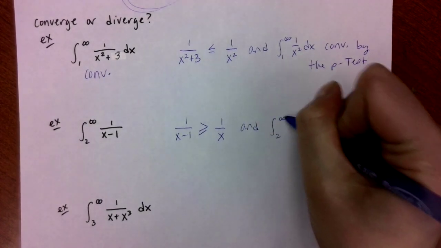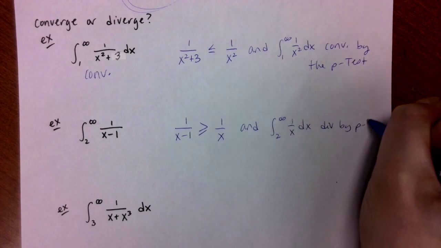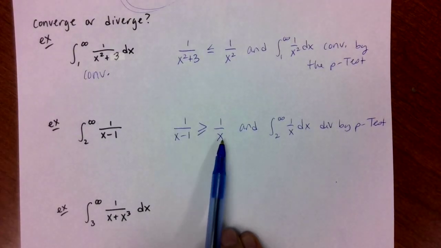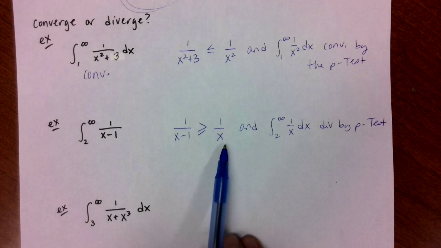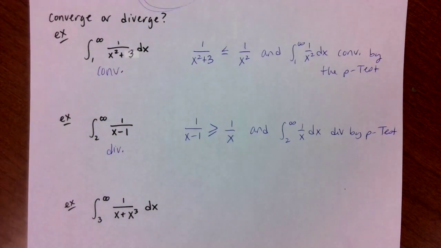And I know the integral from 2 to infinity of 1 over x dx is divergent by the p-test. So my function is term for term above one that's divergent. So the area under this curve is greater than or equal to infinity, so it's definitely also infinity. So we can conclude this one is divergent.